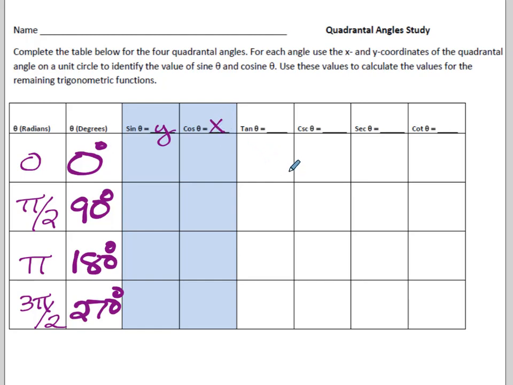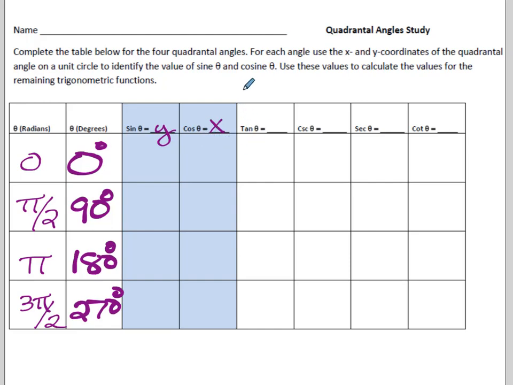All right, and this is only true, I can't say this enough times, this is only true that we can just look at that x and y when we are on a unit circle. If the circle is larger than 1 unit, then we have to do something a little bit different. But on the unit circle, if I want to know the sine value of theta, then I can just look at the y coordinate. If I want to know cosine theta, I can just look at the x coordinate.